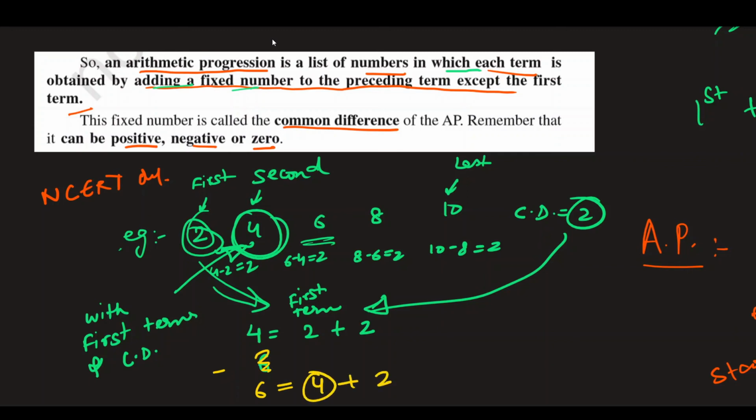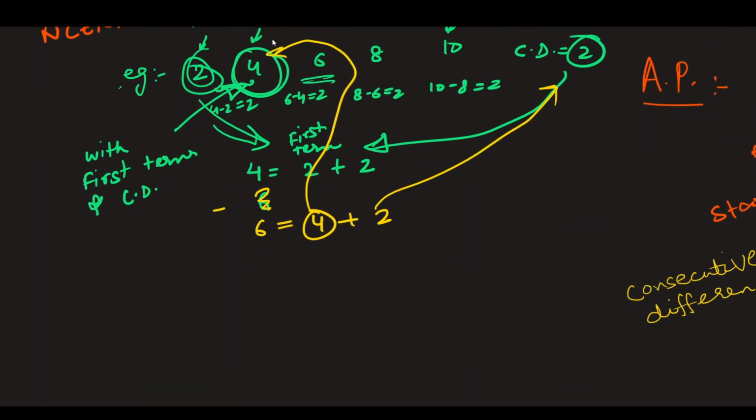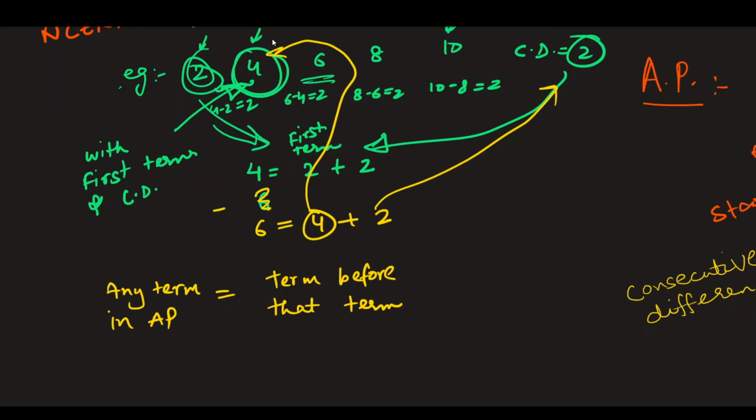This 4 is the second term and 2 is the common difference. So they are saying that any term in an AP is equal to the term before that plus the common difference.